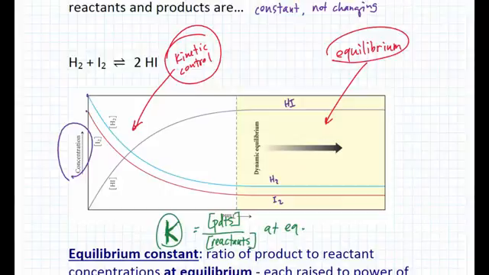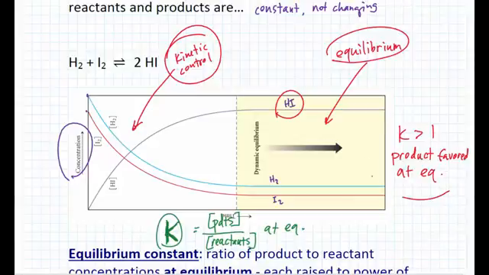As it's written there, H2 plus I2 make 2HI, and we've got a high concentration of that. So K is going to be greater than 1. Product favored at equilibrium. That look good?